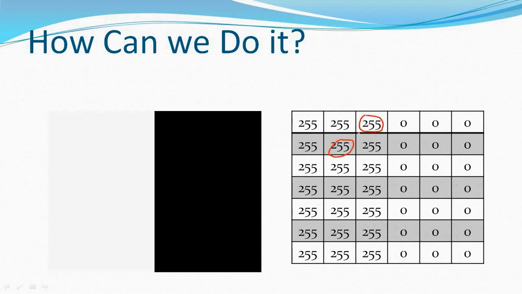So this 255 minus 255 is 0, and the result will be stored over here. But if there is an edge detected over here, it will do 0 minus 255, which is minus 255, but it is giving a value. In this way the Roberts filter detects the edges.